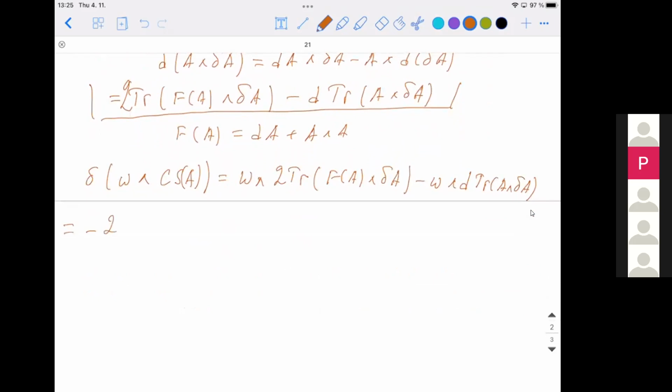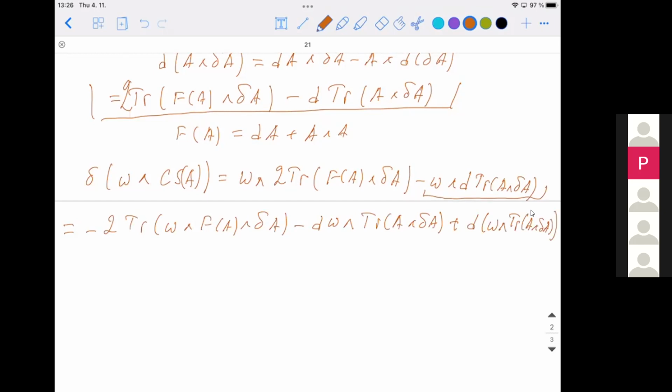The first term is just as it is, omega F_A wedged delta A, and then we need to write down the total derivative on this part, which gives trace of A delta A plus d of the total derivative of trace A delta A. As a boundary condition, we can set this to be 0.